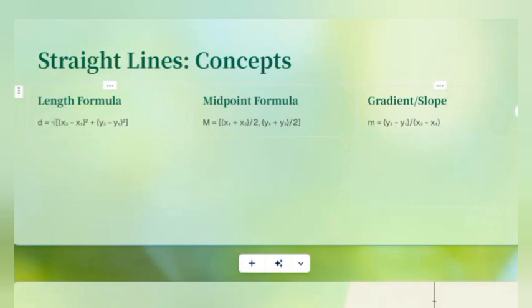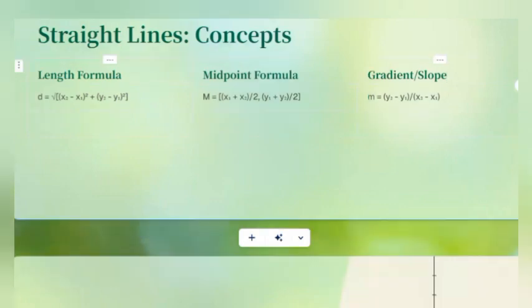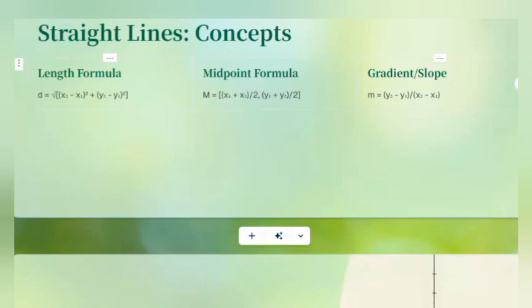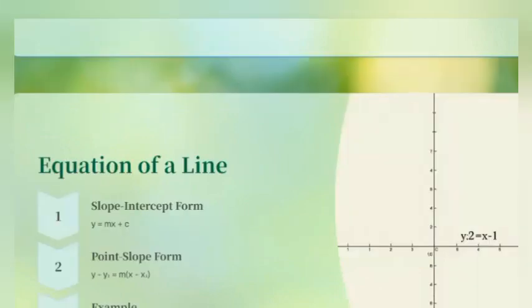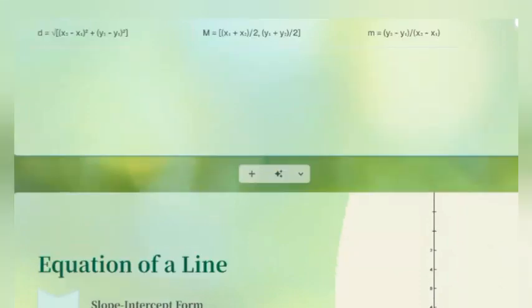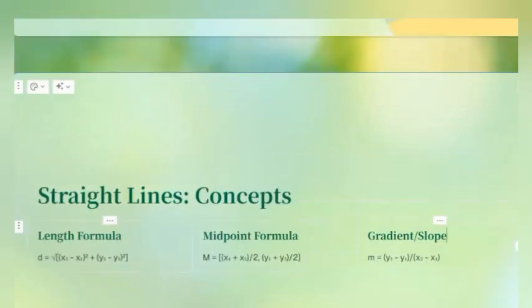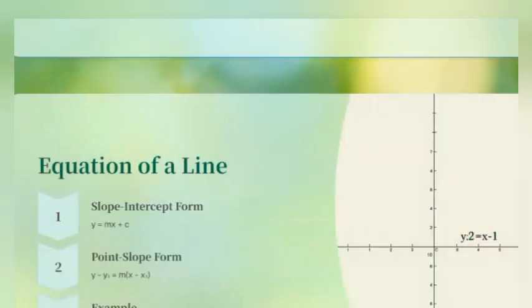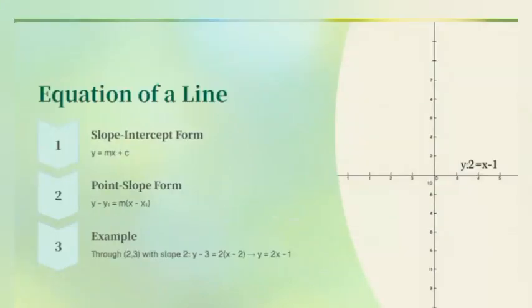But it's important to always remember that order, especially when you're solving equations where your sign is going to matter. Those are the key concepts that you need to know and understand for straight line equations. So now we're going into the next thing, which is the equation of a line.